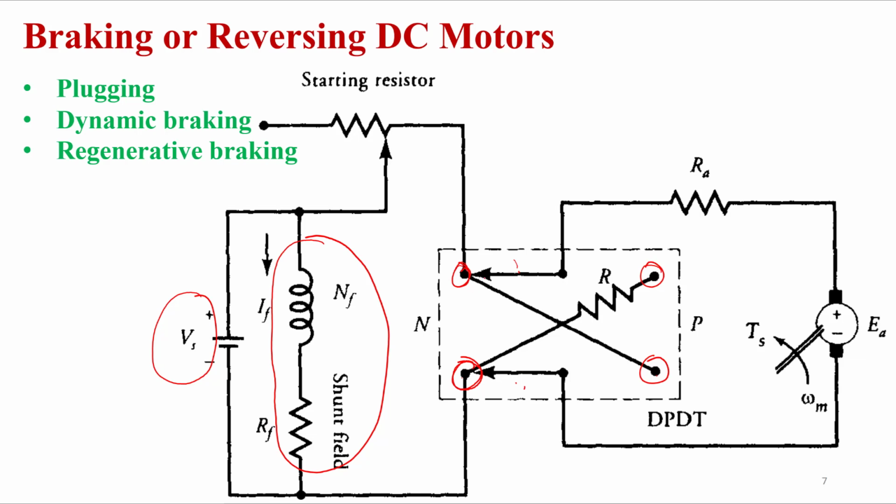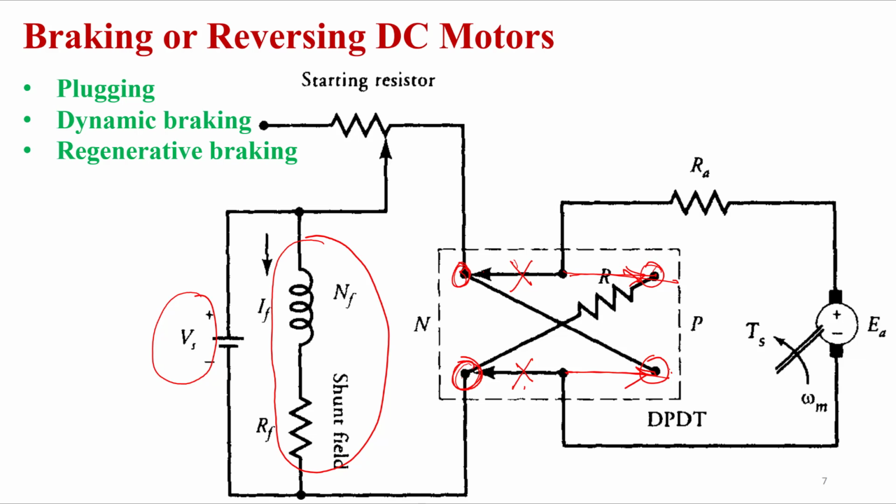In one throw it will open the contact from these two contacts, and then in the second throw it will make contact with these 2 points. So it breaks the contact in one throw, and in the next throw it makes contact with the other 2 points. That is a double pole double throw switch.